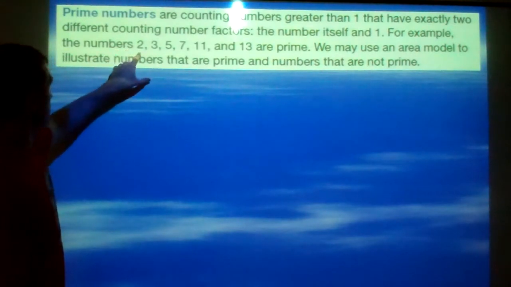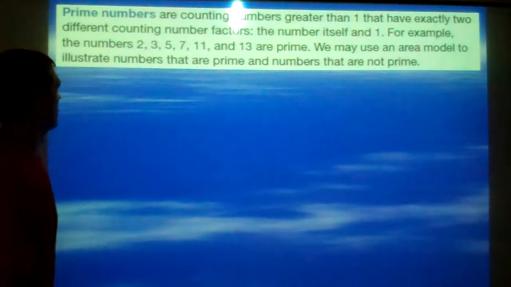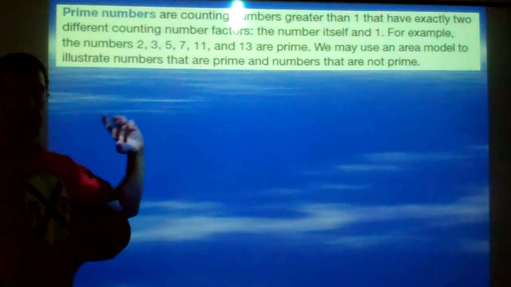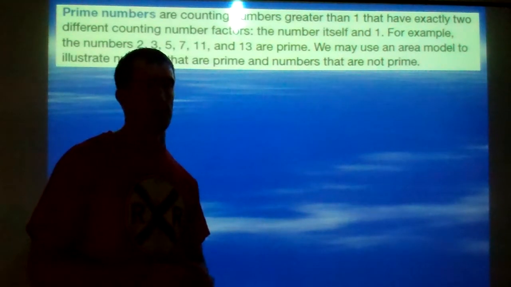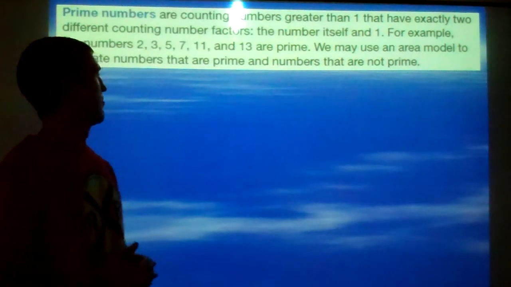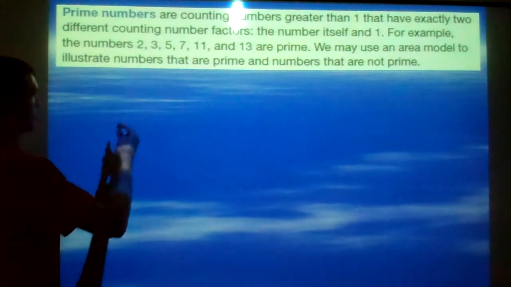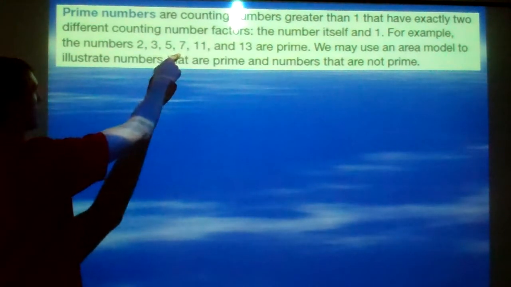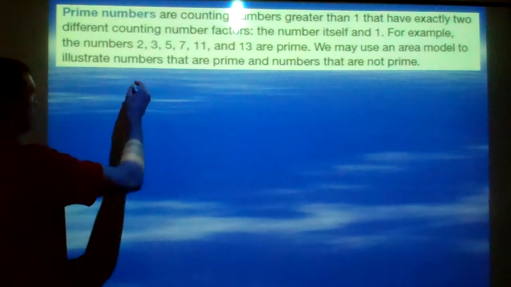For example, 2, 3, 5, 7, 11, 13, they are prime. 2 is the only even prime number, so any other even number is not prime. Here's the reason why. Let's take 3.